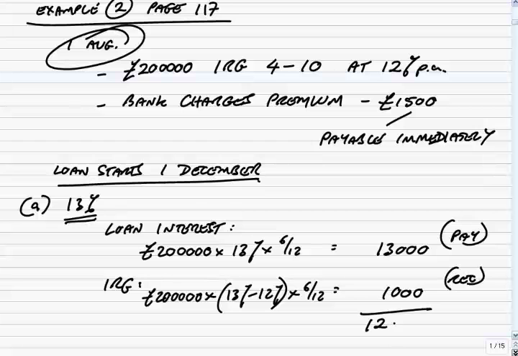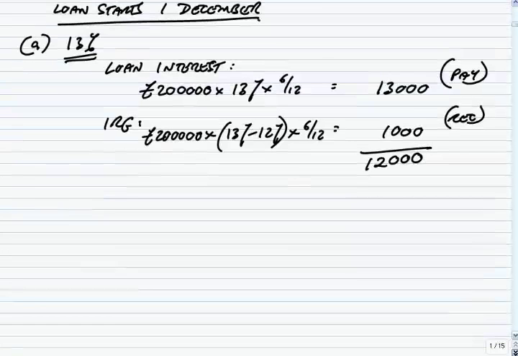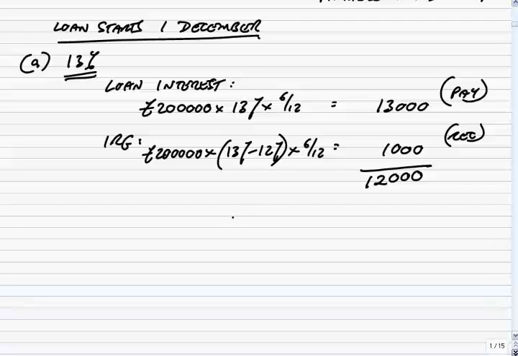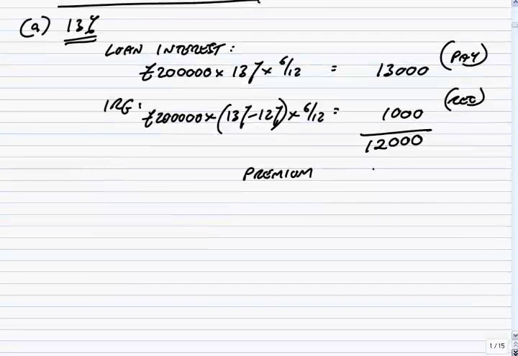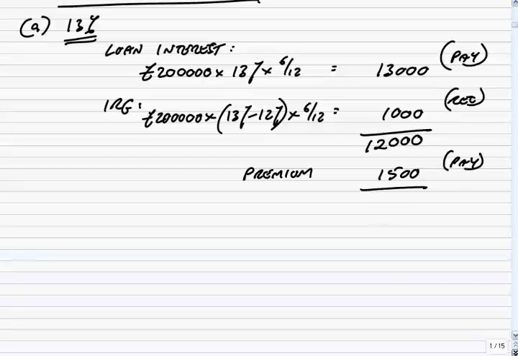And so the net payment ends up being 12,000. But don't forget, we'd have to pay that premium. The bank had charged us 1,500. And so in total, it's ended up costing us 13,500.